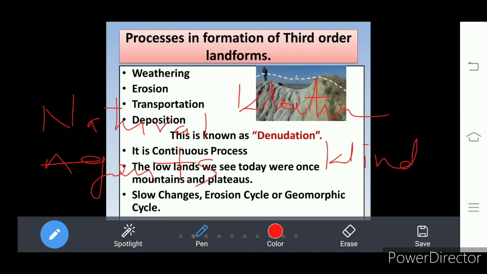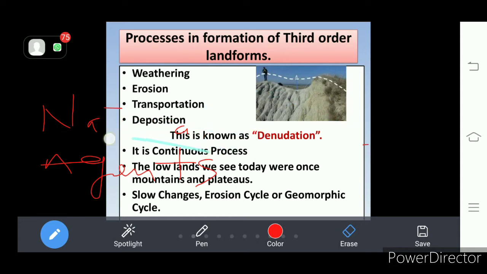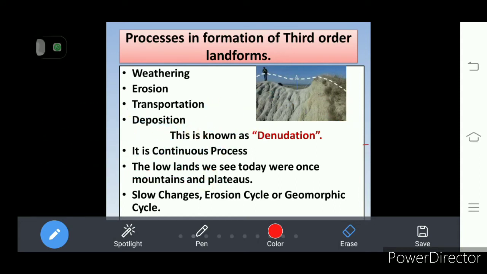So here, water and wind, that is air, work rigorously on the earth's surface and transform the existing landforms. By their interaction on the earth's surface, we find changes in the existing landforms.